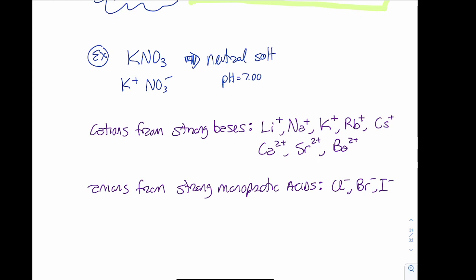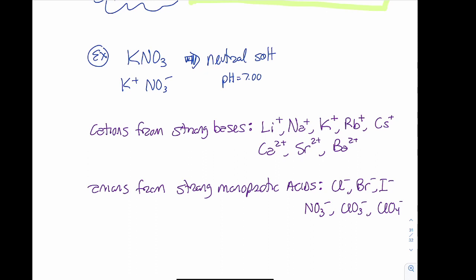And then we also had a couple others. We had nitrate, chlorate, and then perchlorate ions. All of those are the conjugate base, the anion that results when a strong acid ionizes. And again, we've said quite a few times, they're not actually basic. They're not going to take a proton from water.